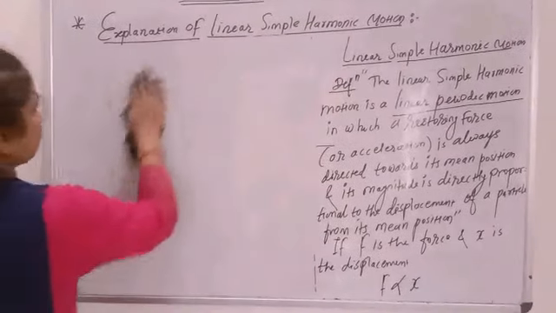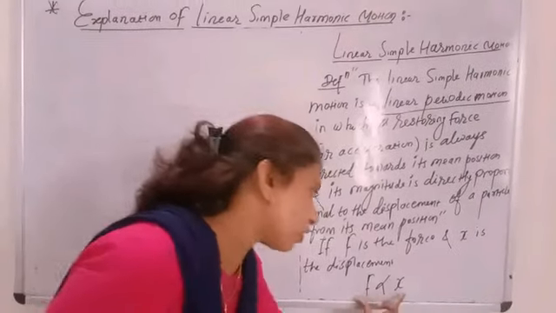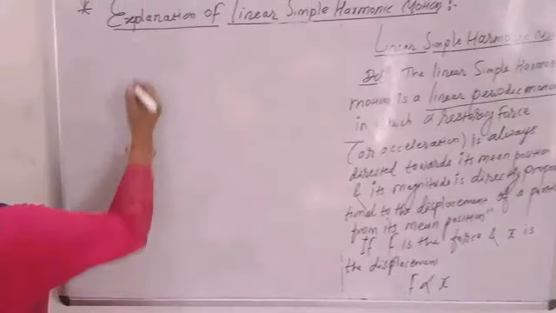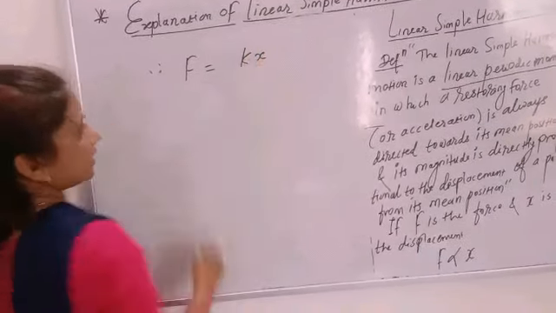How this relation comes, we can solve here. F is directly proportional to X, so F equals K into X.